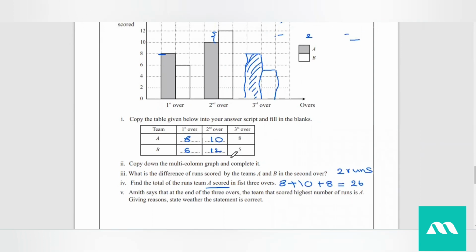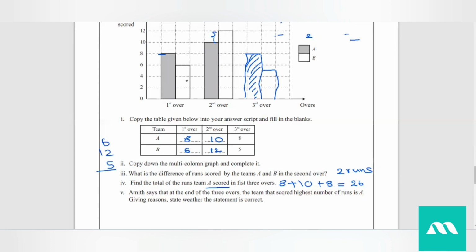You have to check the sum of the runs obtained by group B. It is 6, 12 and 5.